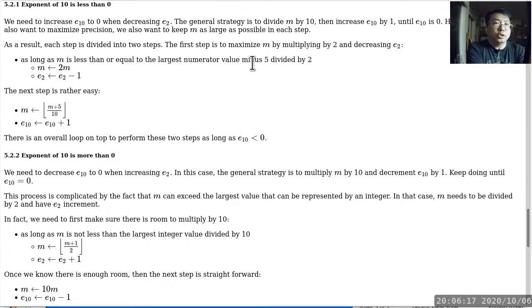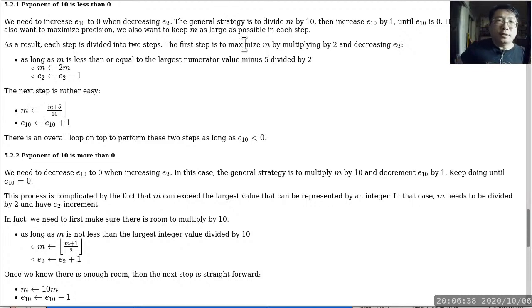And I intentionally did not give you the condition of the loop. Every time I say as long as, it's kind of suggesting that we have a loop here, right? And it does say something about, as long as M is less than or equal to the largest numerator value minus 5 divided by 2.